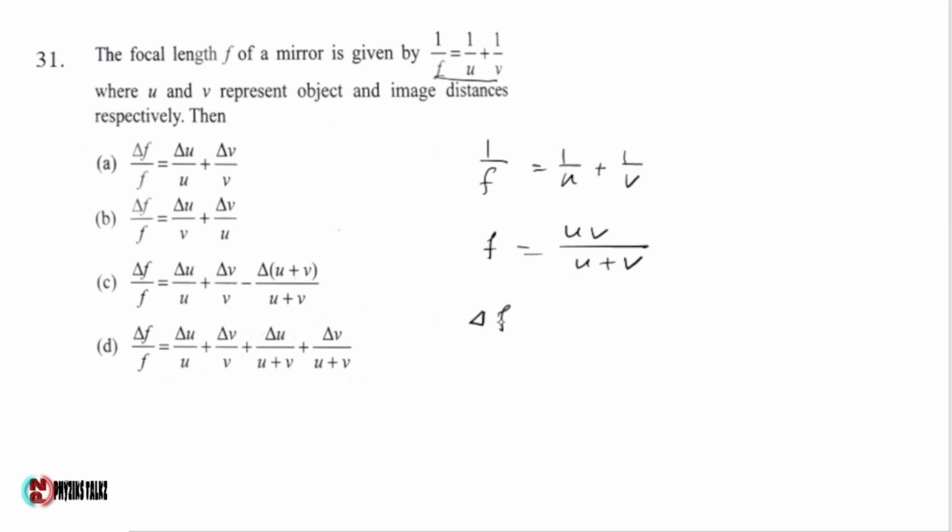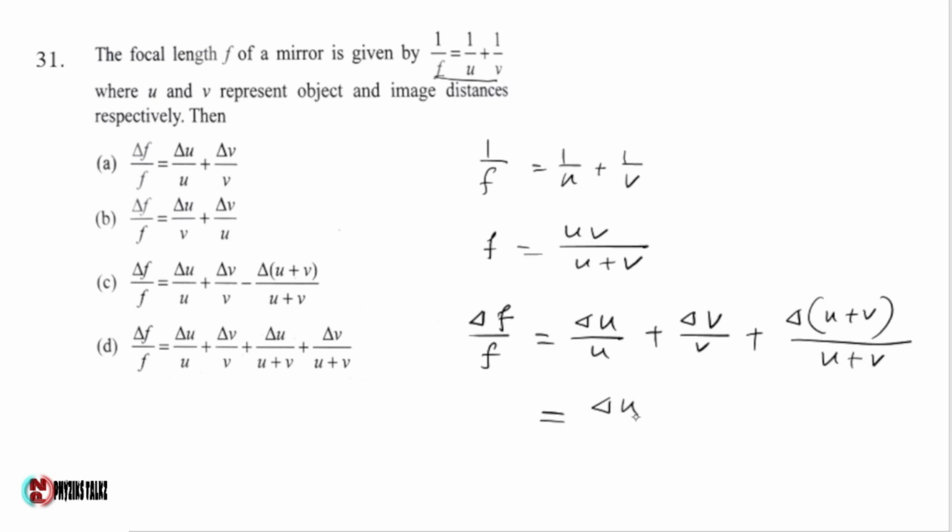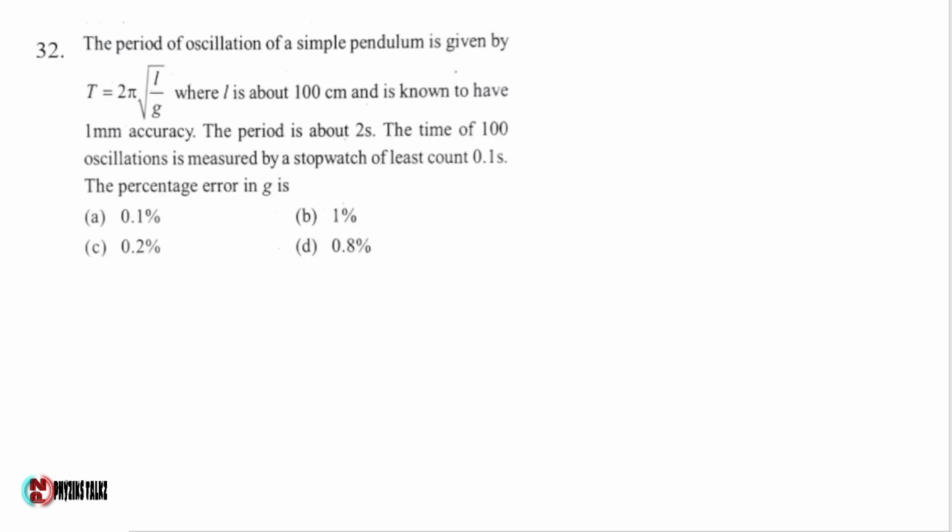Now relative error of f is given as delta u by u, delta v by v plus delta (u plus v) by (u plus v), which gives delta u by u, delta v by v plus delta u by (u plus v) plus delta v by (u plus v). The correct option is option D. Next question, the time period of a simple pendulum is given by this equation.